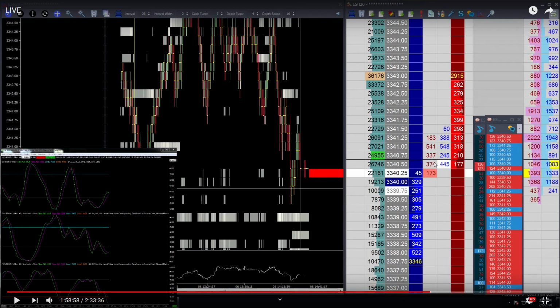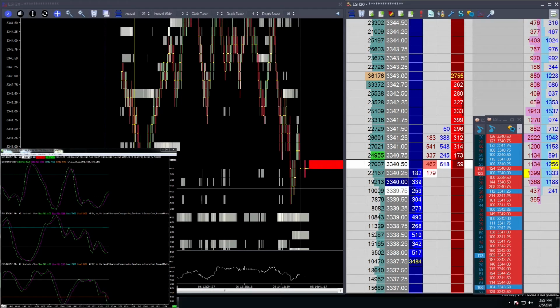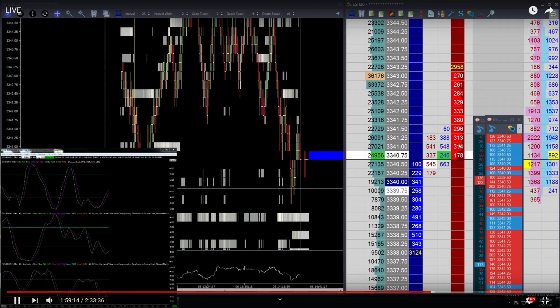Look how it comes back to my entry with quite aggressive selling, but I'm not concerned about it by any means. You're going to have to sit through this chop. If you're new to scalping, it's really hard to sit through this because you'll panic out of the trade and take small scalps. This is where my trading is really progressing.